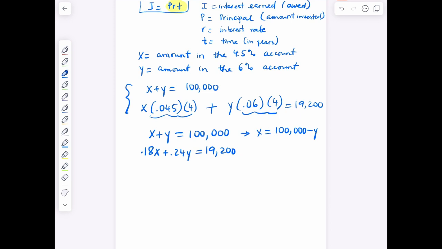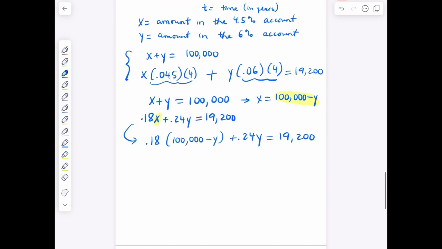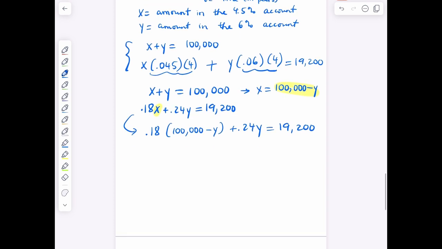Now we are going to substitute this expression into this x of the second equation. So the second equation will become 0.18 times (100,000 minus y) plus 0.24 times y, and that equals 19,200. Let's simplify this equation by using distribution.